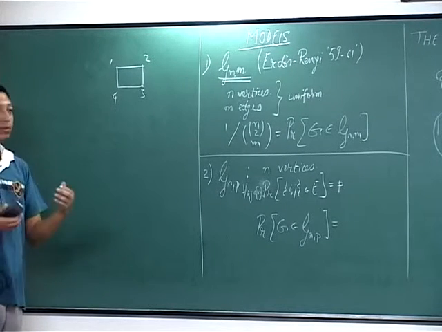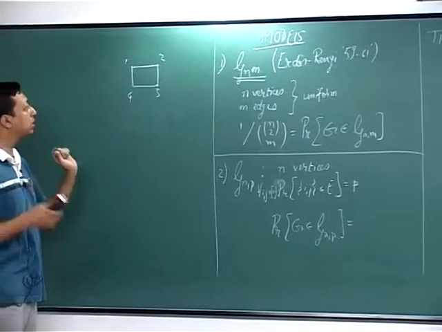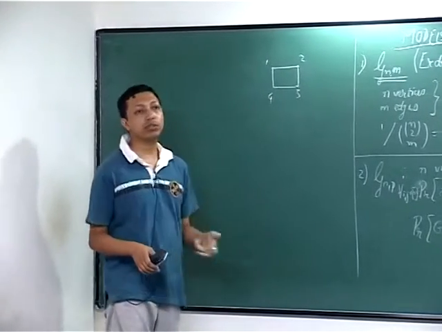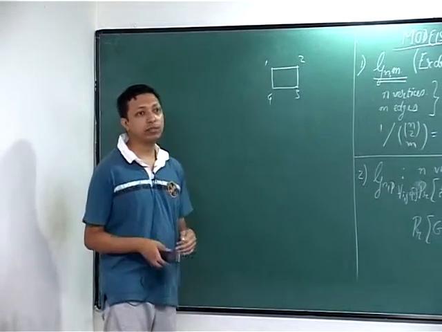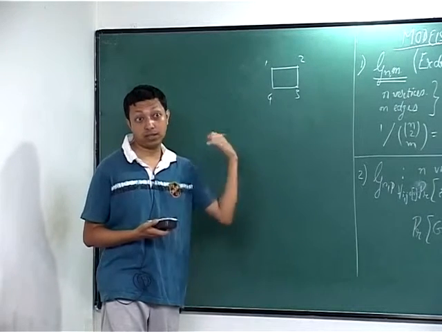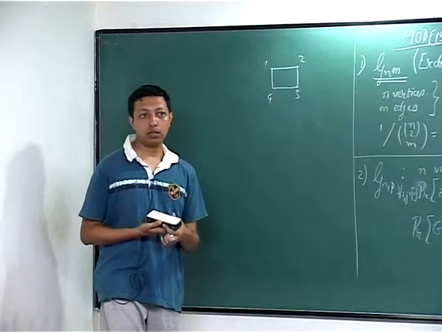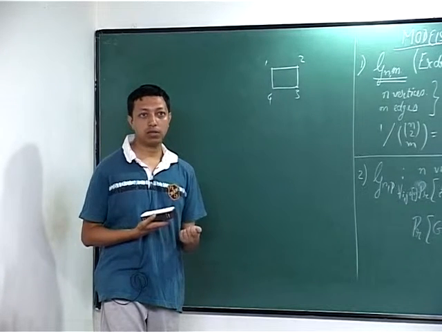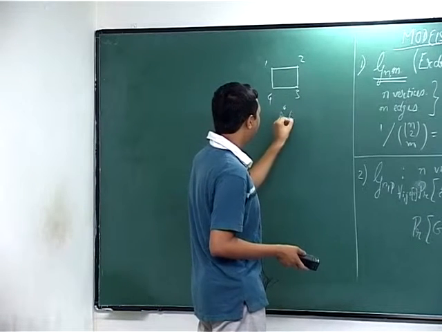You understand what I'm doing? There are 4 vertices, you choose any pair of vertices, the probability that the edge appears is p. Now I give you this graph, what is the probability that this is exactly the graph which you come up with? It's just this, right?